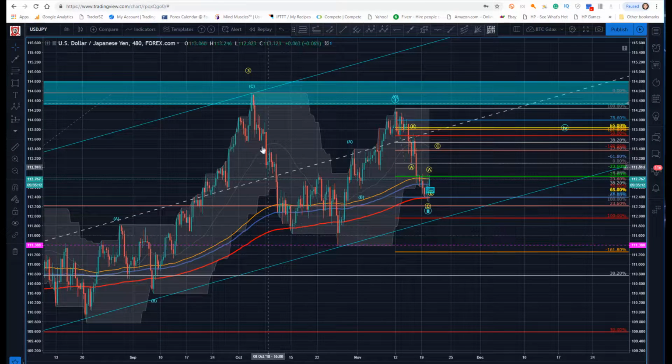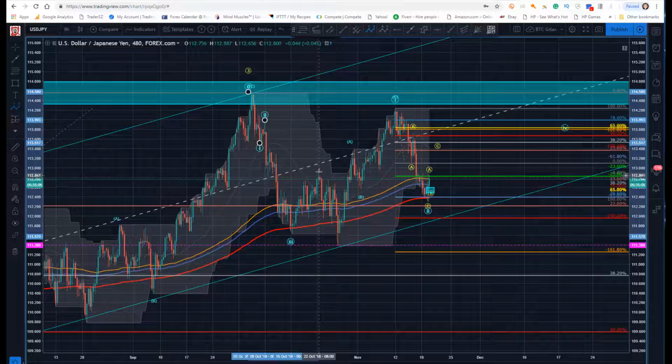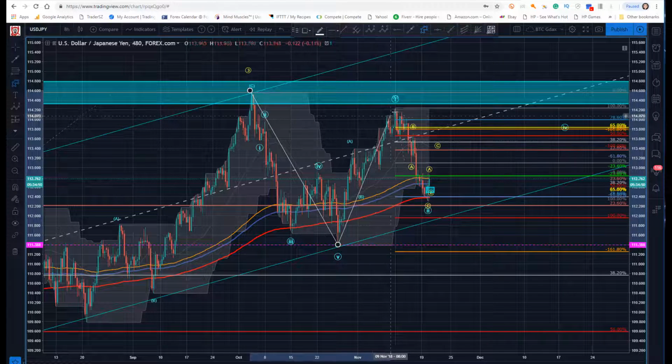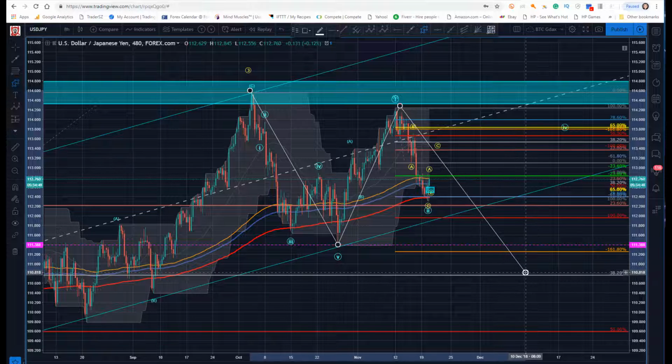So there's a reasonable possibility here that you've got 1, 2, 3, 4, 5, so that you'd have A going in, A, B, C into a B. That retracement is deep for a B, but it's possible now that you've got this whole thing correcting this way. So you might have this whole thing going in.